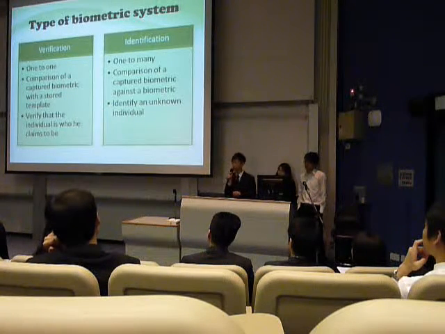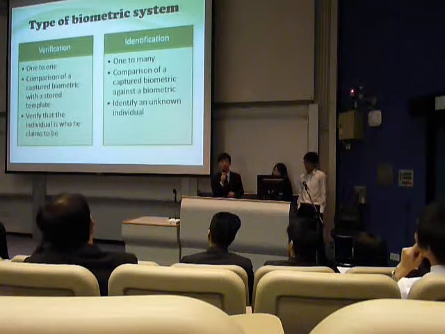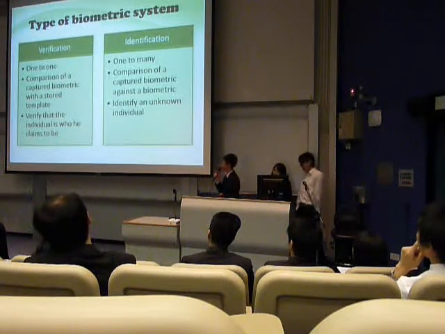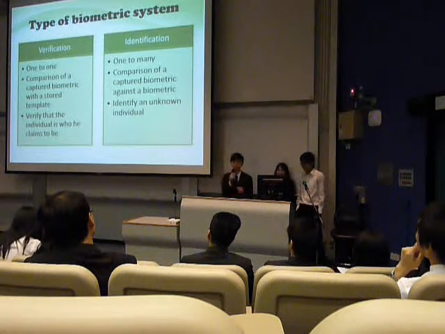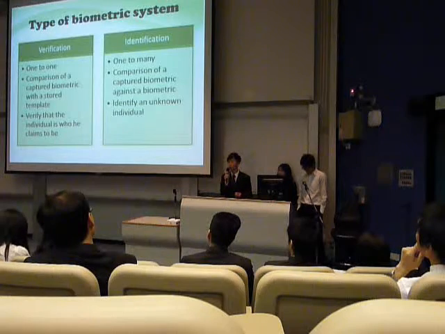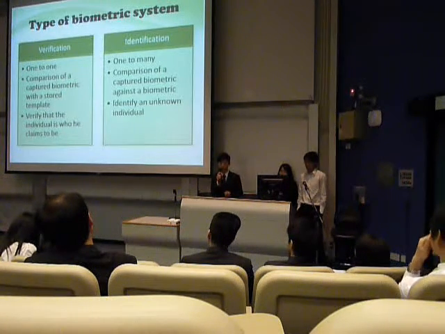For identification, you have a list of biometric characteristics of different people in your database, and you play a join-the-dots game, matching this unknown person to some of the characteristics in your database.